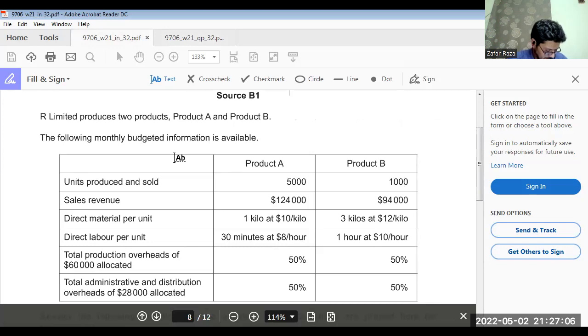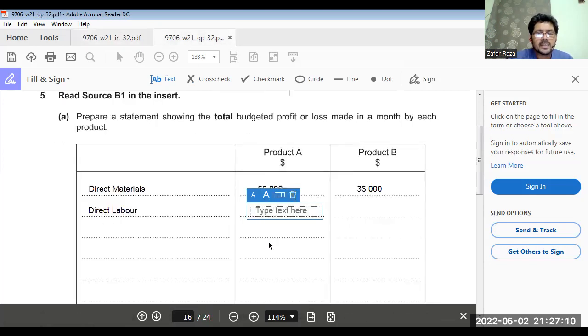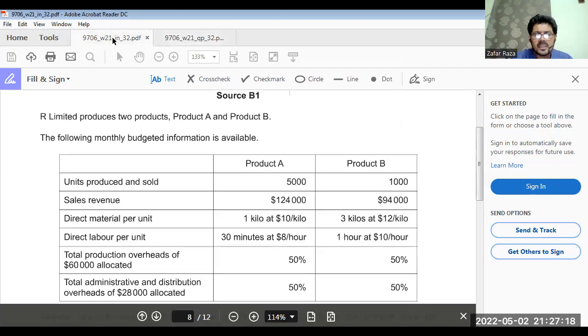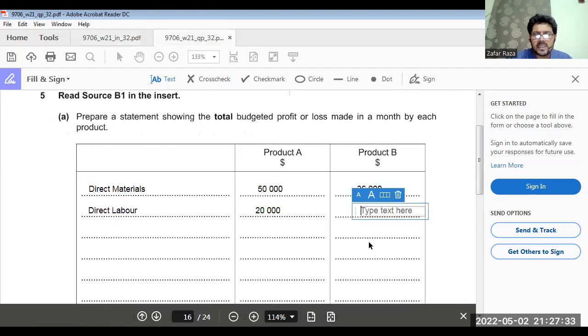So that would be 20,000 direct labor for A. Let's see how much is the direct labor for B. 1 hour. So for 1,000 we need 1,000 hours, and for $10 that will make 10,000 direct labor cost.